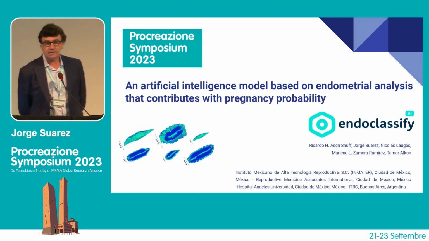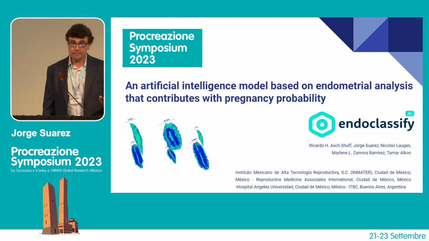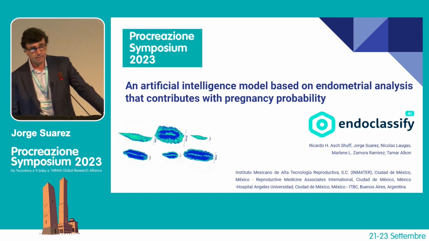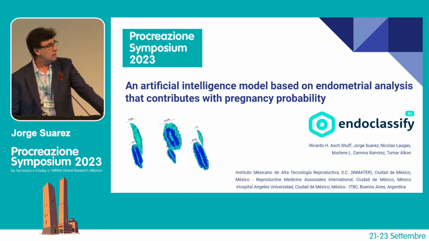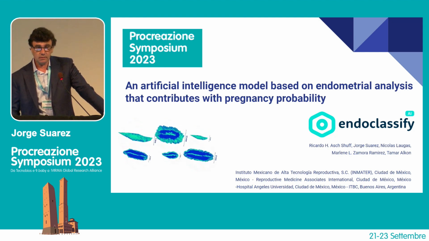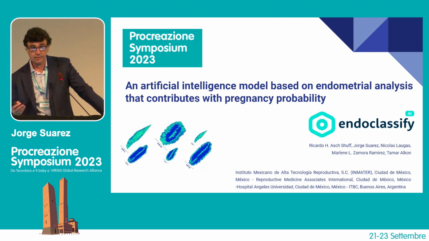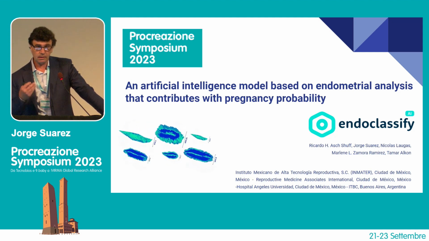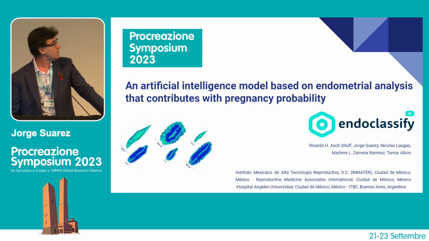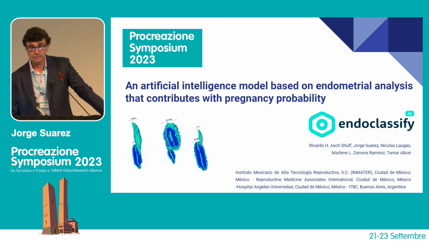So we will divide our presentation in 4 steps. The first step, we will introduce our primary objective. Then we talk about our clinical research and its results. Then we present our artificial intelligence model for assessment of endometrial.